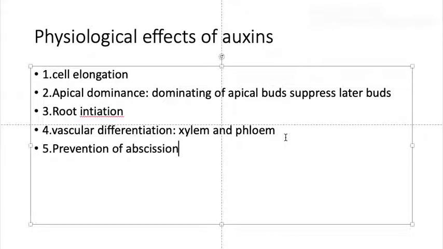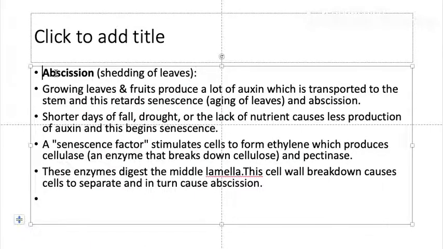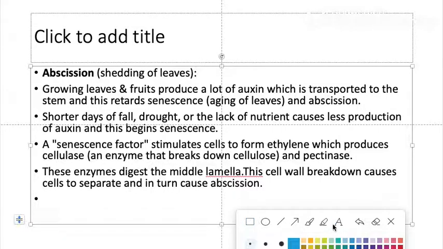Well, if you look at the leaves and the fruits, excuse me, girls, you will see that these leaves and fruits in a plant, before they fall, there should be a wound.